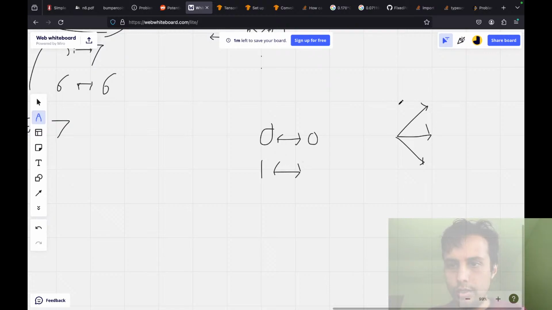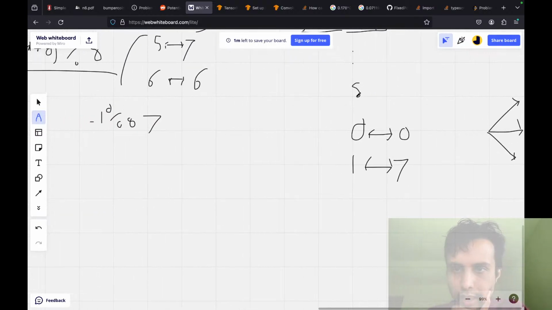Like 0, 1, 2, 3, 4, 5, 6, 7. Okay. My hypothesis now is 8 minus m, the move ID. And I think that's it. And mod 8, of course, mod 8.